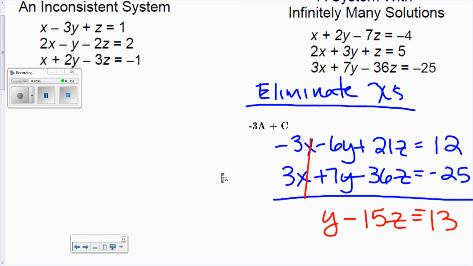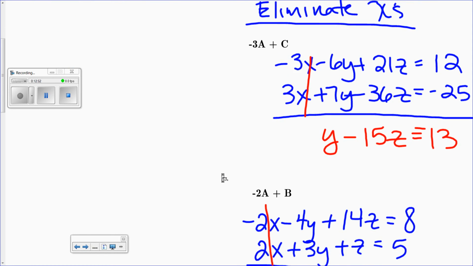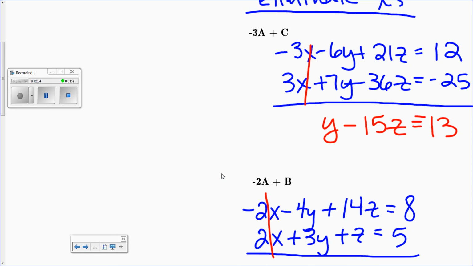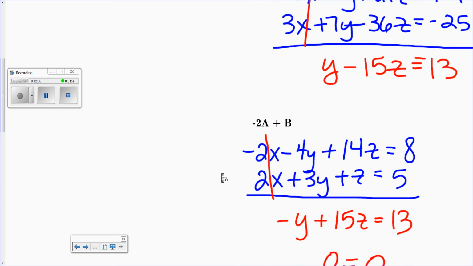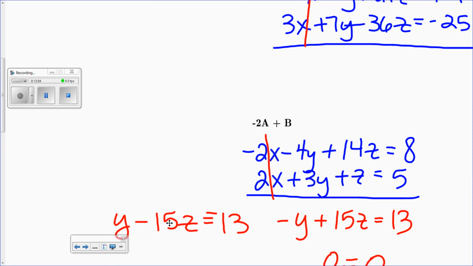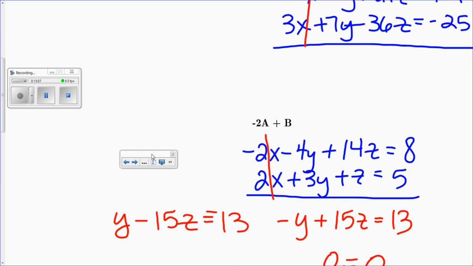I have done negative 3a plus c, and I got y minus 15z equals negative 13, and negative 2a plus b, and I got negative y plus 15z equals 13. When you look at these two, you realize they are just a multiple of negative 1 of each other.